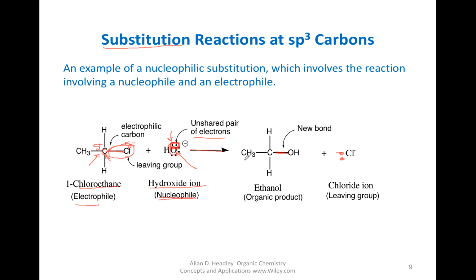So that's how you'll predict your substitution organic product. So when we do synthesis, you'll start with a molecule like this, and you'll synthesize a molecule like that. This is a chloroalkane, and this is an alcohol.